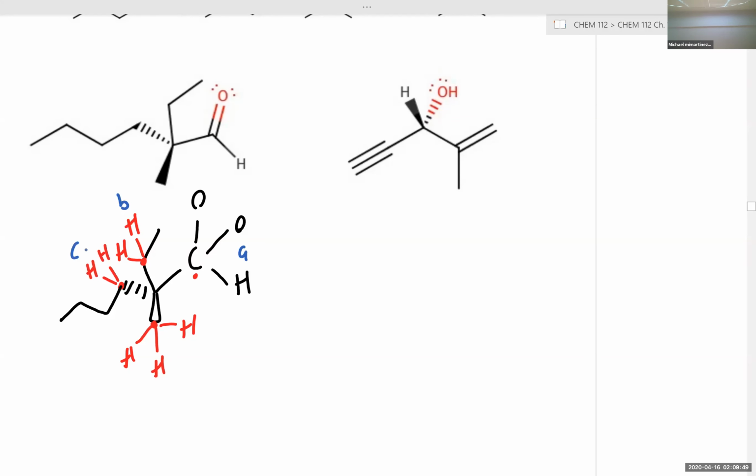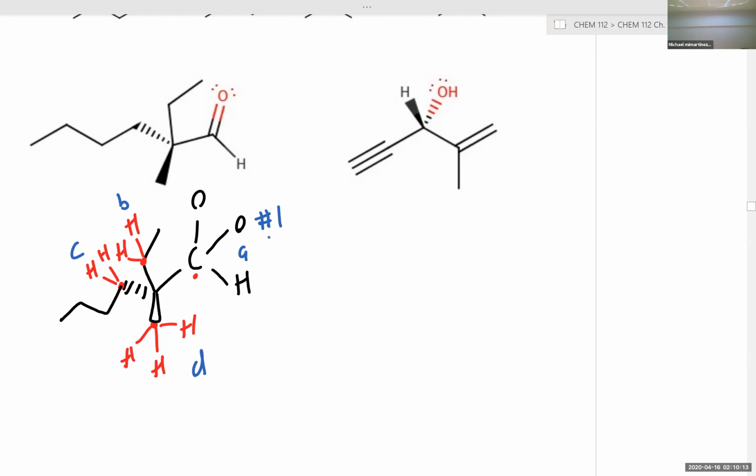A, B, C, or D? Which carbon gets the 1, the lowest priority number? Or essentially, which carbon do we put the 1 next to? I see a lot of people saying A, so A is correct.